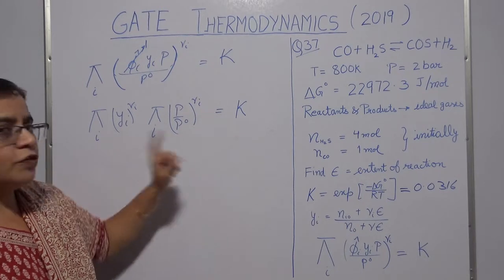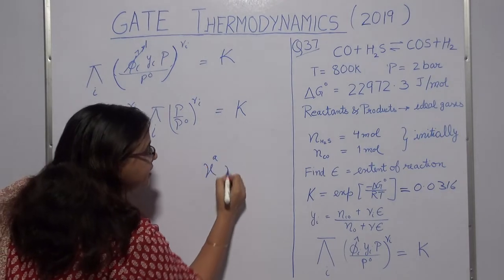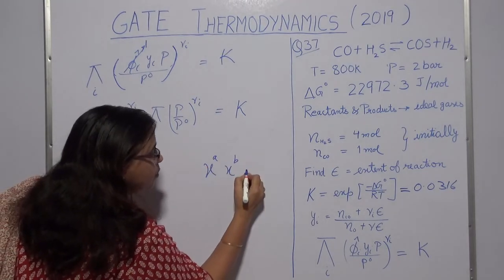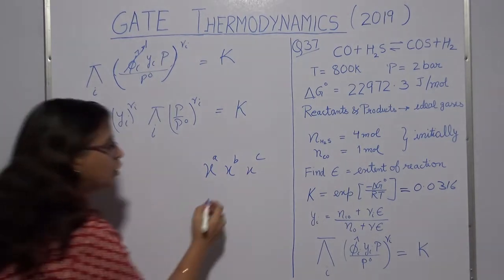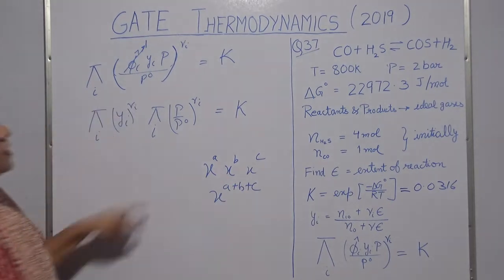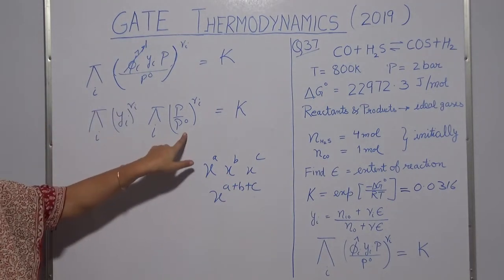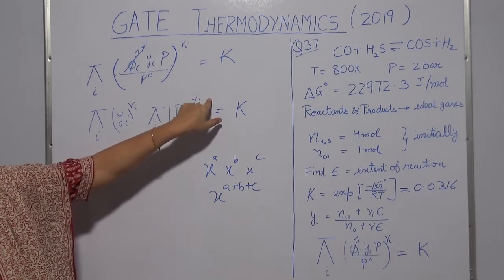From maths you know that if you have terms like x raised to a into x raised to b into x raised to c, when the bases are the same, you add up the powers. Similar is the case over here. I have to multiply terms in which my bases are the same, but the only thing varying is the power.